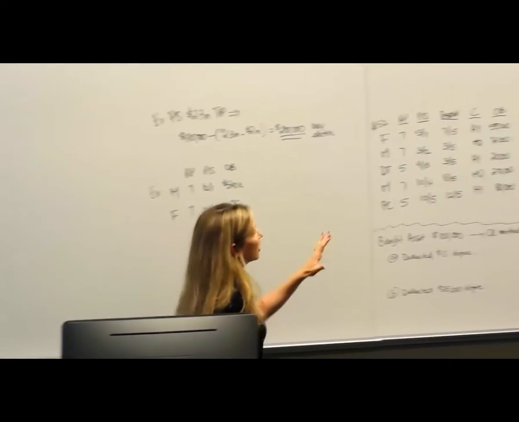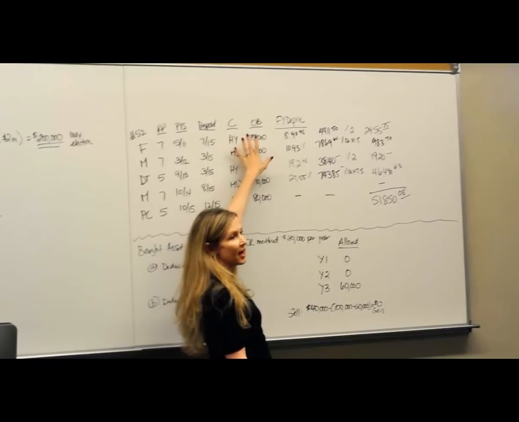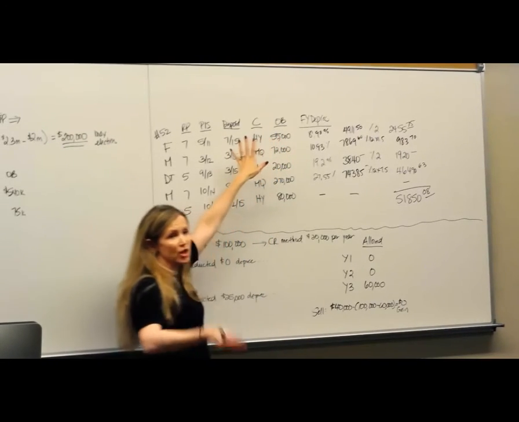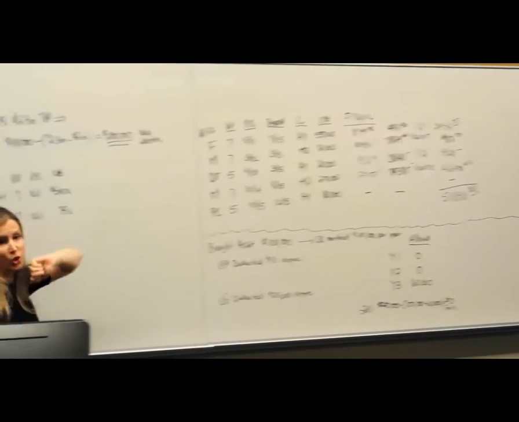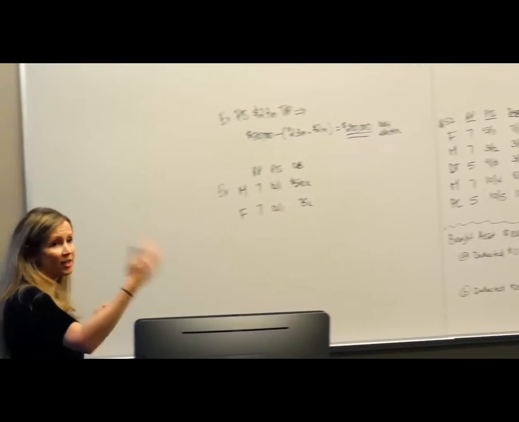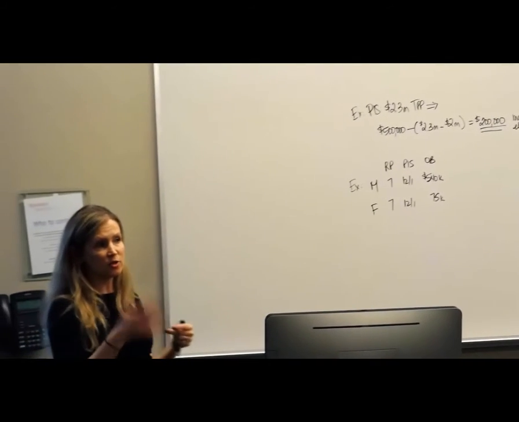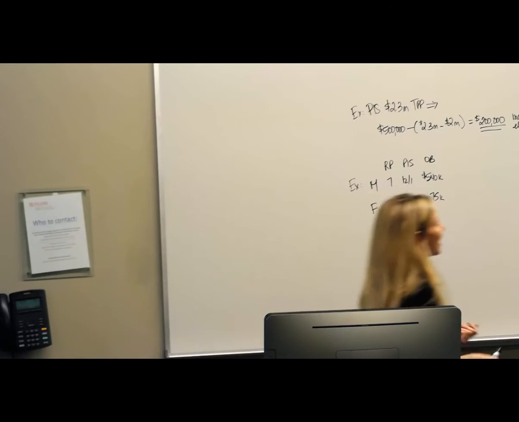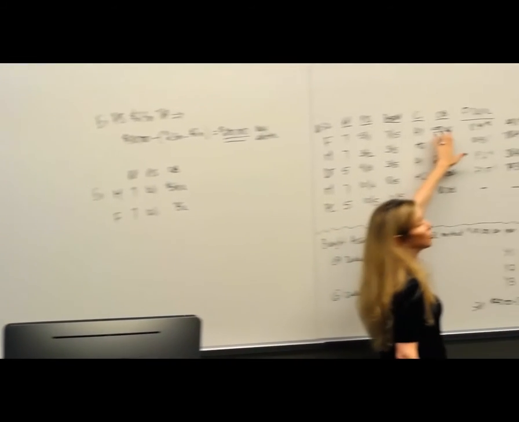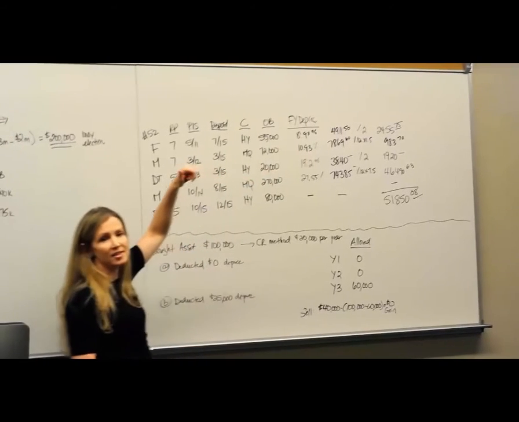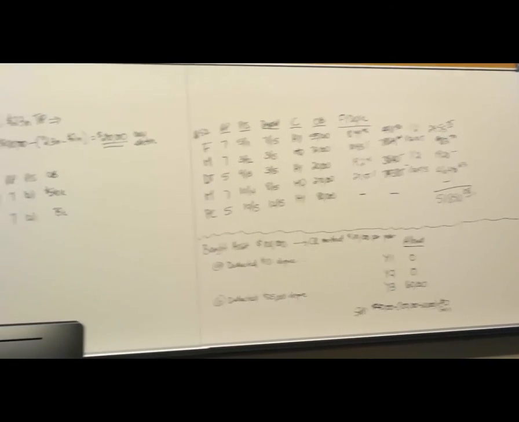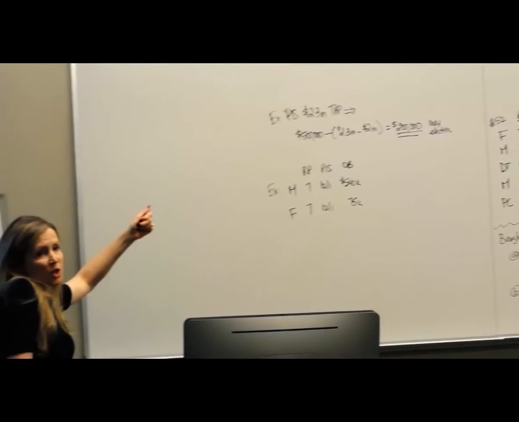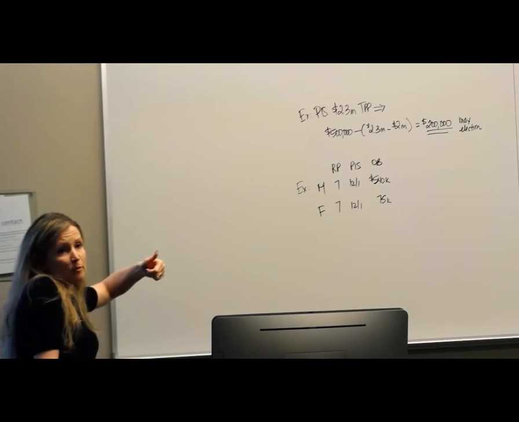So you might acquire an asset with an original basis, but as we take depreciation and that depreciation accumulates over time, the adjusted basis of our asset continues to decline. And when we go to sell that asset, it's not going to be worth this $55,000 anymore. It's going to be worth something less than that.